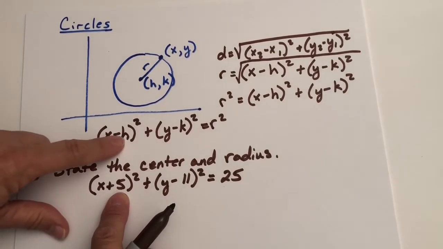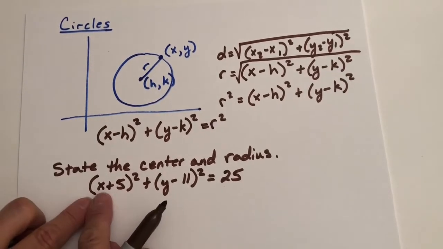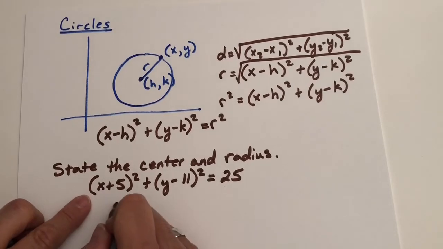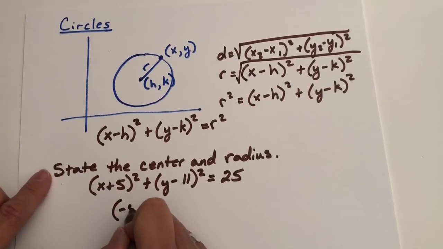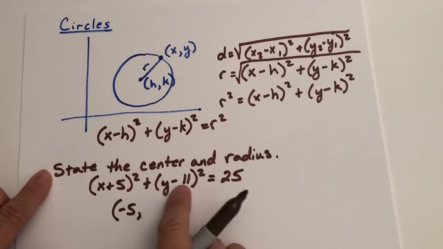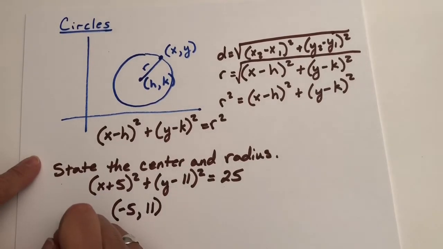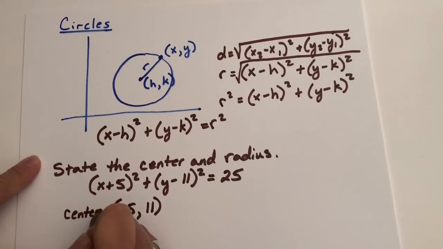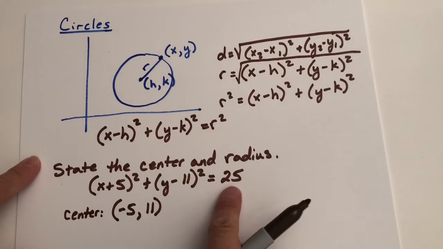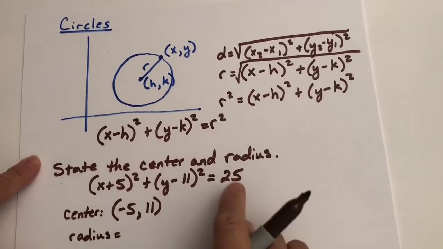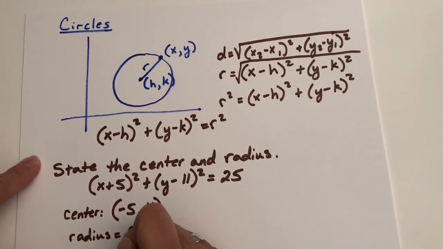Remember, it's x minus the x coordinate of the center, so it's x minus negative 5. So our center would be at negative 5 comma y minus k, or y minus 11. So our y coordinate of our center is here. And our radius is equal to the square root of this number. So our radius is equal to the square root of 25, which would just be 5.